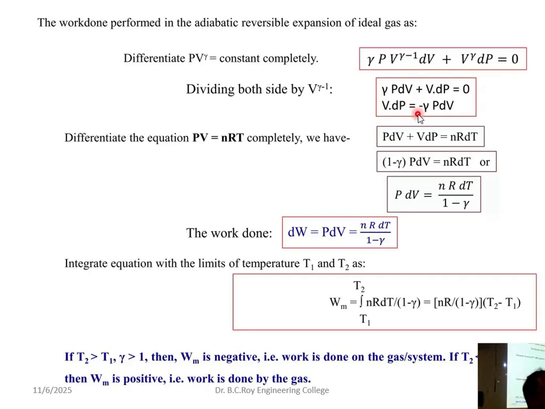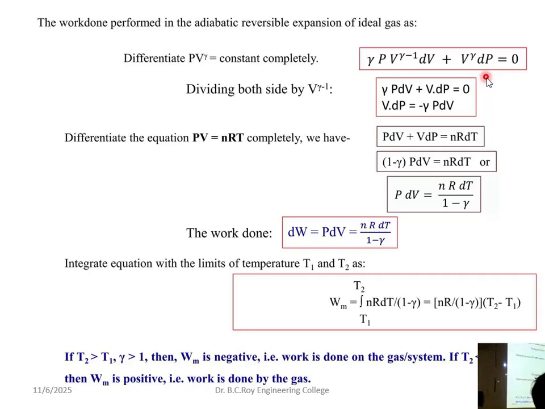You can try on your own. Do the practice right now. Take this equation, PV to the power gamma equal to constant. Write down PV to the power gamma equal to constant. Now do the differentiation on both sides, and you get this relationship: gamma P V to the power gamma minus 1 dV plus V to the power gamma dP equal to 0.